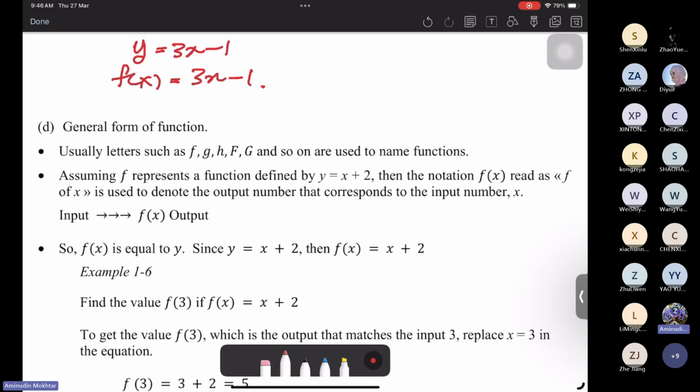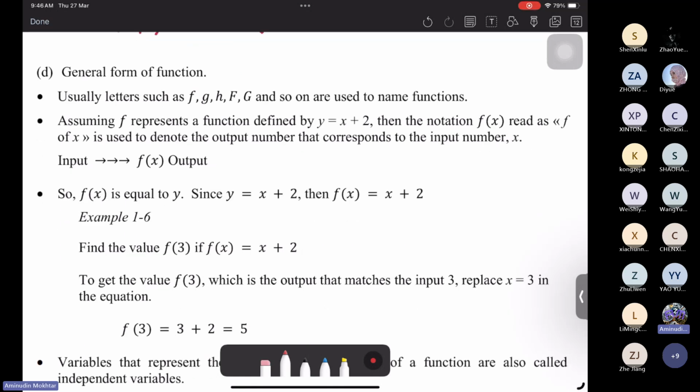Sometimes we use y, sometimes we use f(x), the value of y, the value of f(x). And when we write, let's say, f(3), f in bracket 3, that means we need to replace the value of x equal to 3 in the equation.